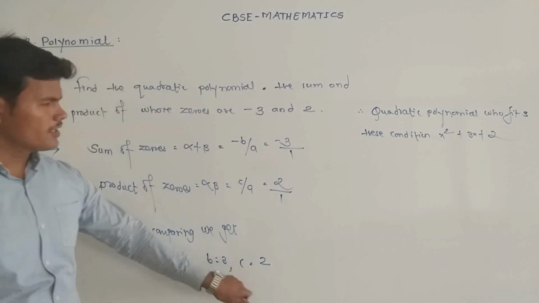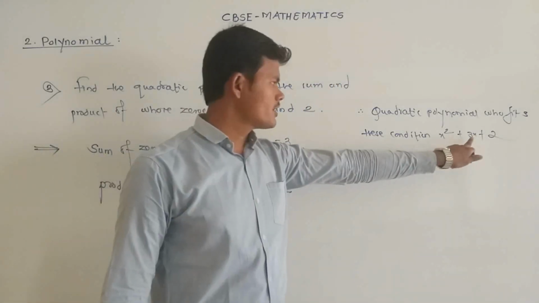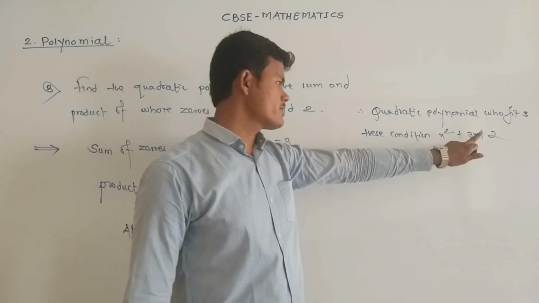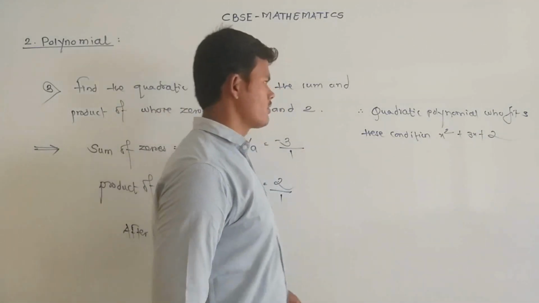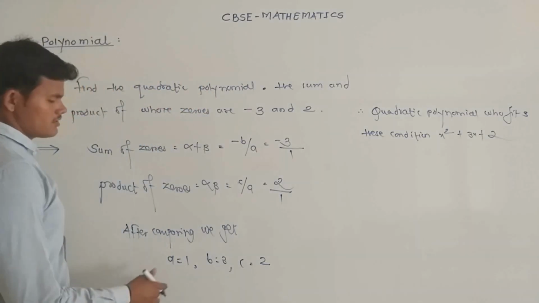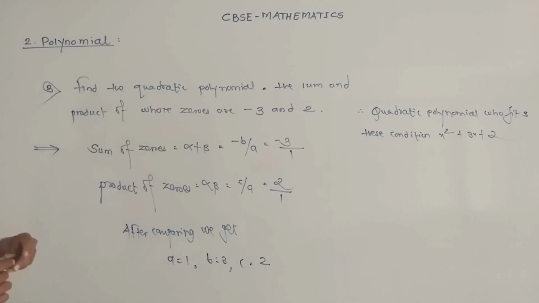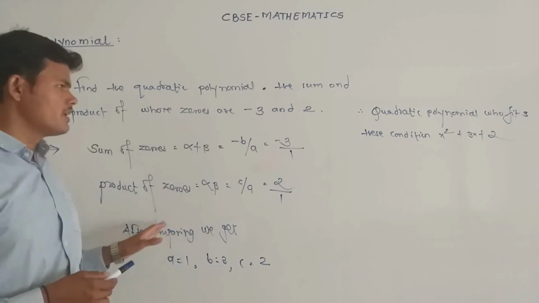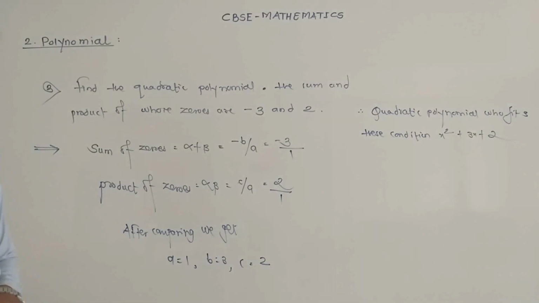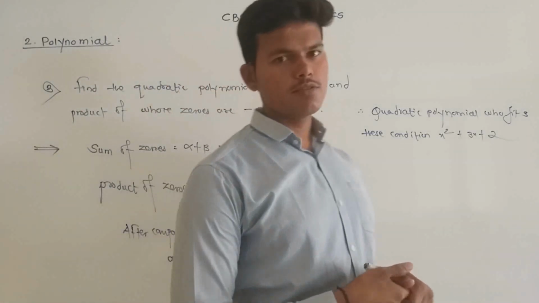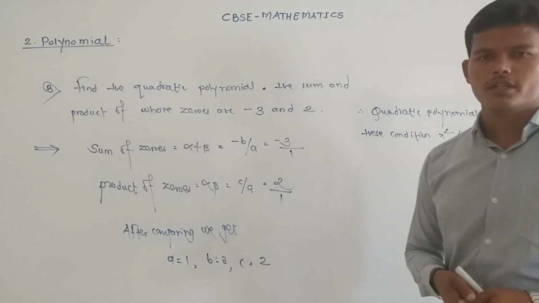Here the value of constant term is 2, coefficient of x is 3 and the coefficient of x square is 1. So the quadratic polynomial which fits these conditions is x square plus 3x plus 2. That means we have to just compare the values of a, b, c, and from the values of a, b, c we have to write the quadratic polynomial. This is all about relationships between zeros and the coefficients of a polynomial.